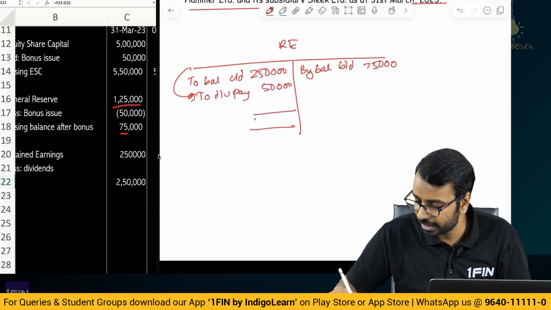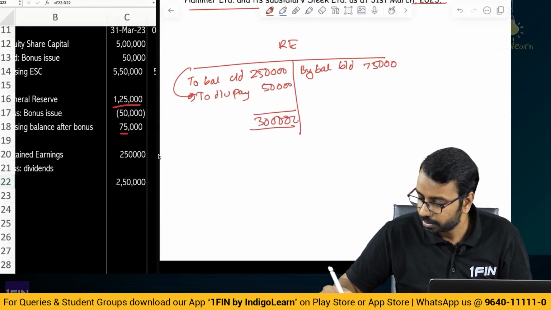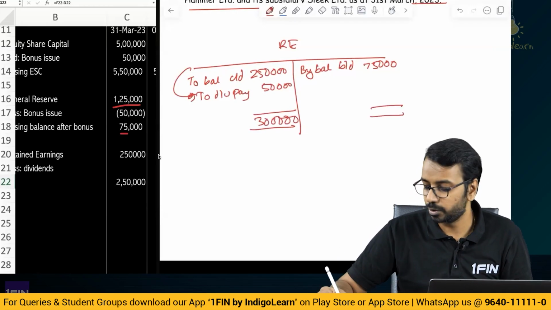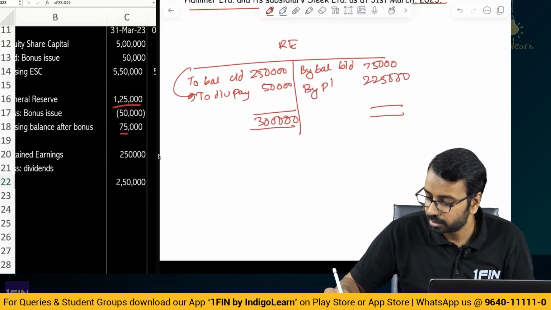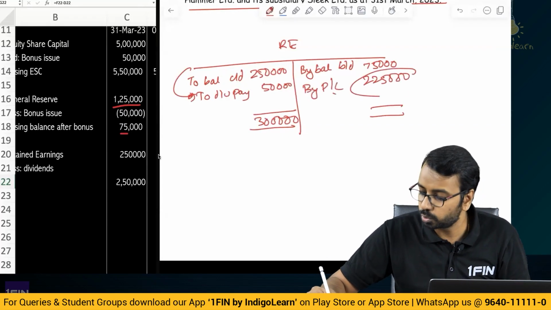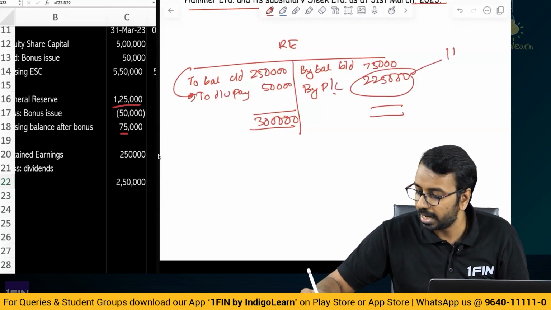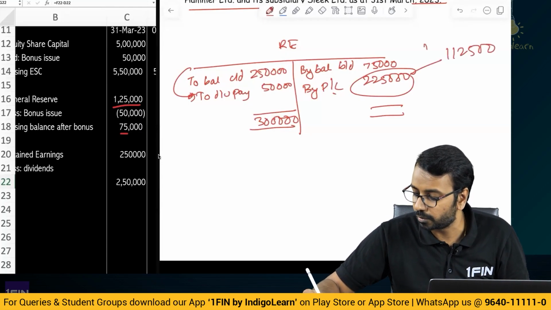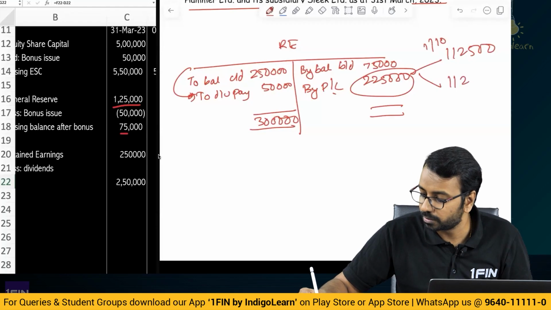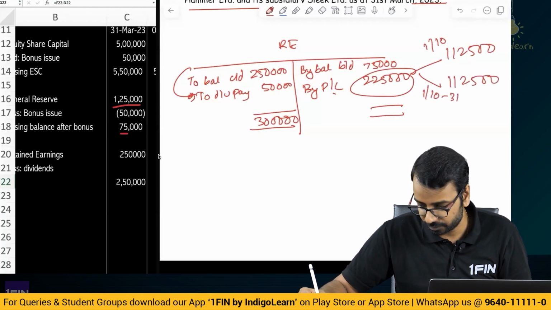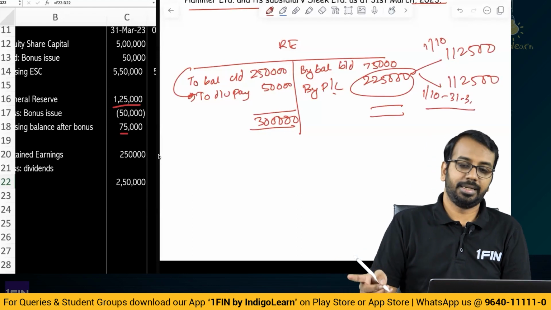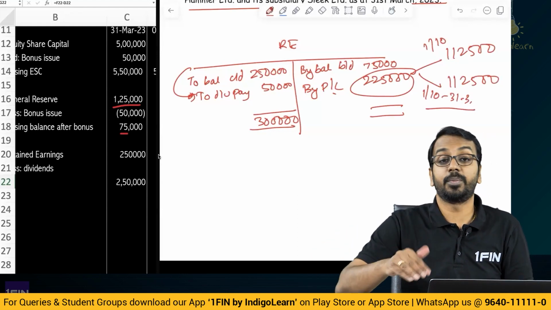So this side it is 3 lakhs, this side it is 75,000, which means 2,25,000 is by profit earned during the period. Out of this 2,25,000, what we are saying, 1,12,500 is up to 1st of October and remaining 1,12,500 is from 1st of October till 31st of March. That is the adjustment, right? So that is how you can do by preparing a ledger.